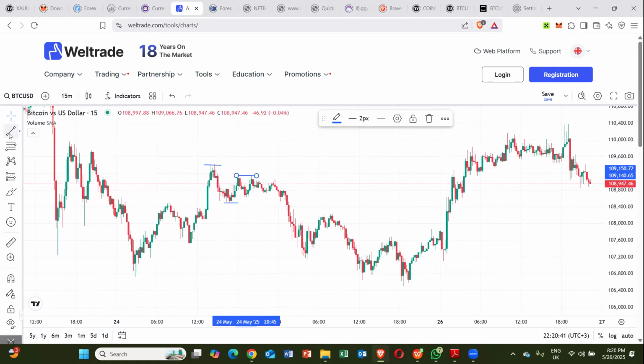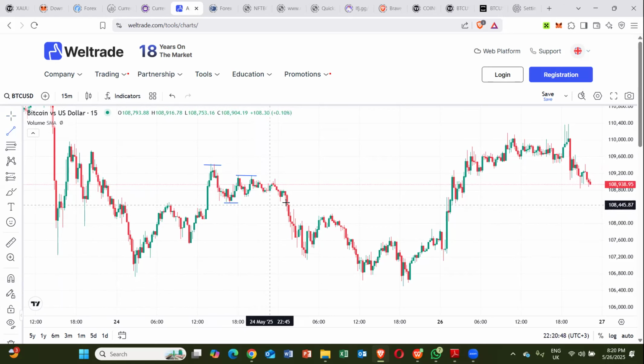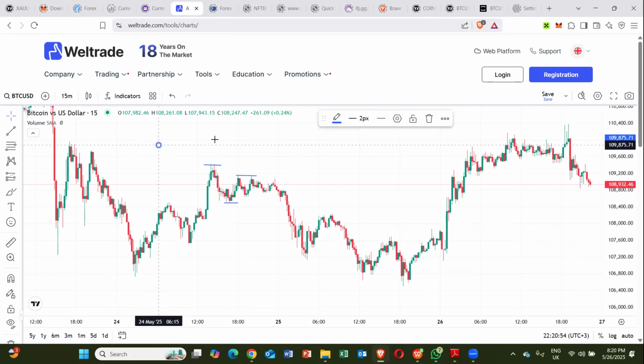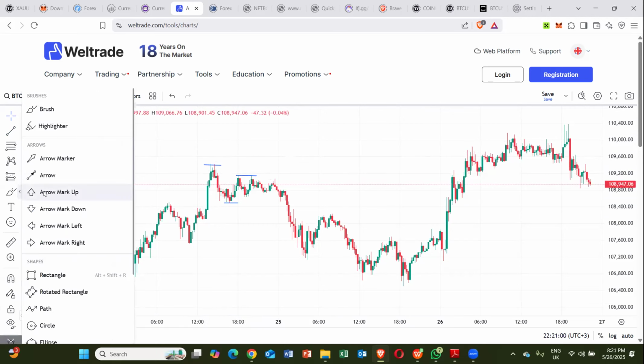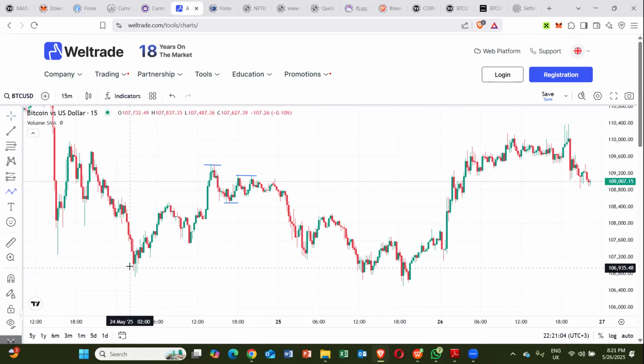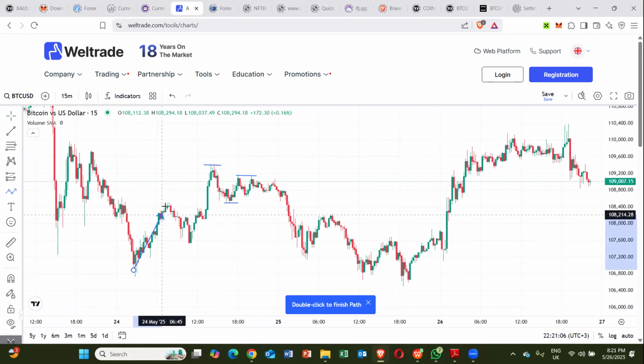Right now, this previous low has been broken because the price has broken below it. Because this trend was actually going up at this level, with this short movement, you can call it an uptrend.